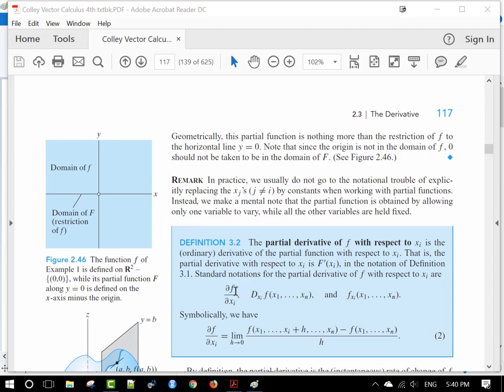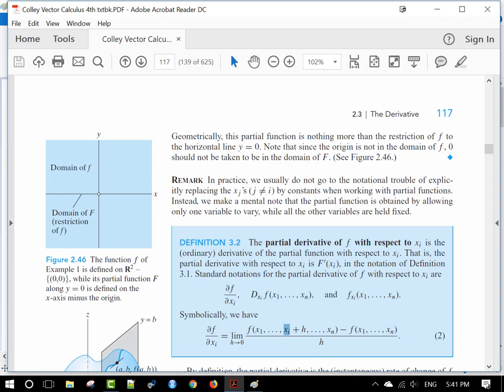So we'll use this notation for the partial derivative with respect to xi, and this symbol means the derivative, but the only variable is xi. It's this part minus this part, and we only add the h to this one variable, and we divide by h, and this is called the partial derivative.